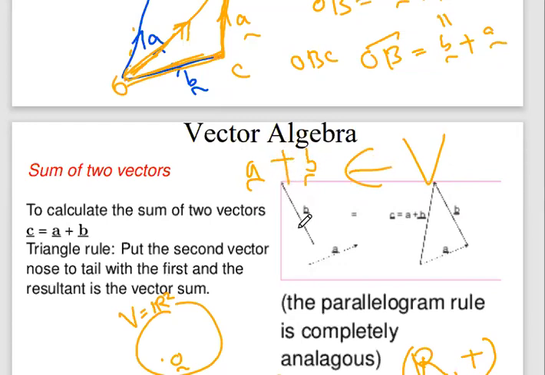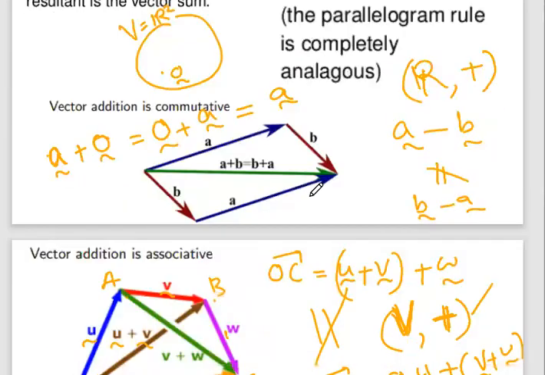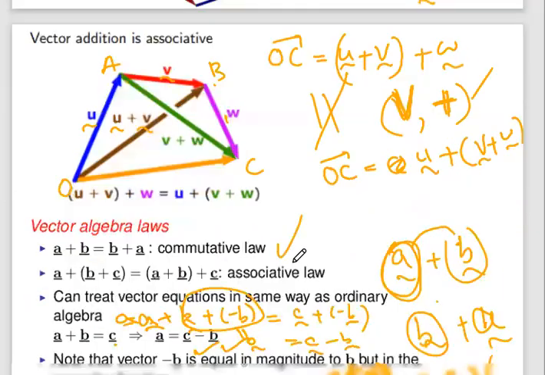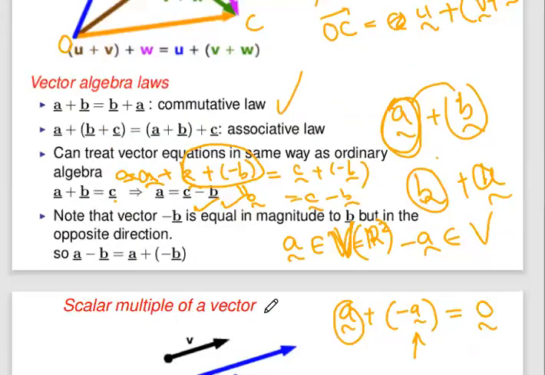The way you add does not matter; you can change the orientation and the way it appears, and both are the same. The distributive law is also satisfied.